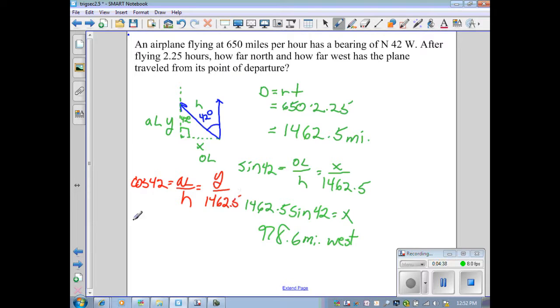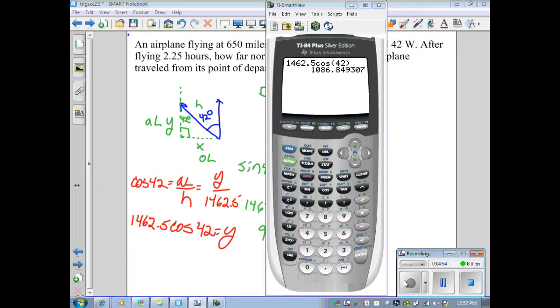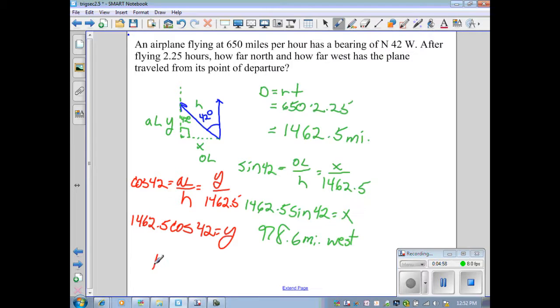Solving that, 1,462.5 cosine of 42 will give me my adjacent leg, or my y value, which will be the distance north. Using my calculator, I get 1,086.8 miles north.